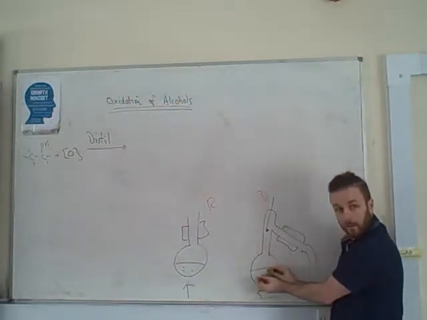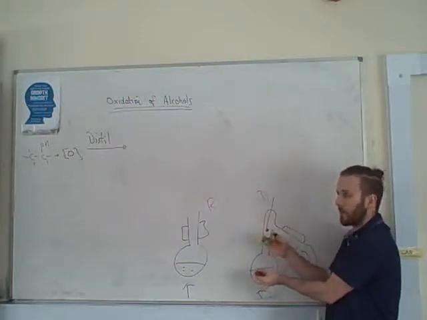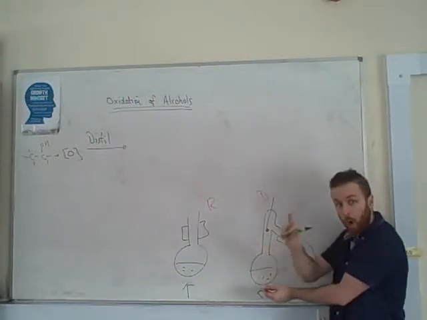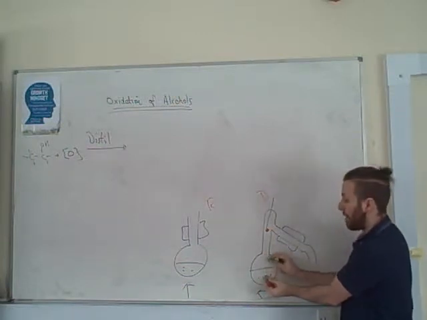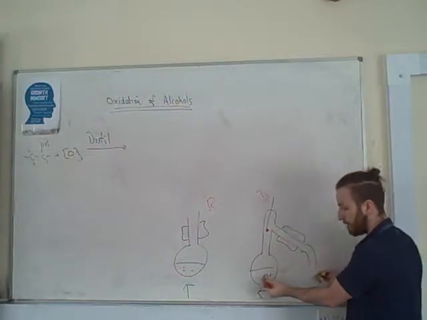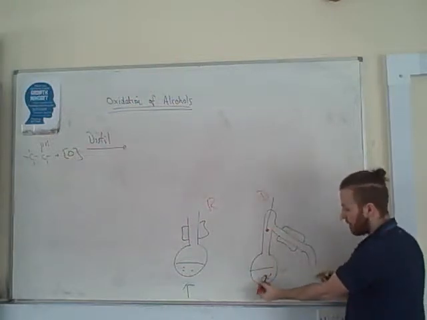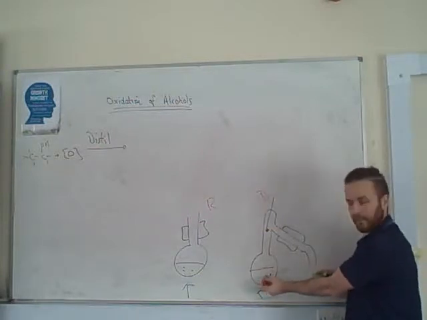They're both in here, so they're going to react. My primary alcohol will change into something, it'll be oxidized once. Once it's oxidized though, it will evaporate and then condense into a different beaker. Now, these have been physically separated, so they can't react a second time, because they're not touching each other.